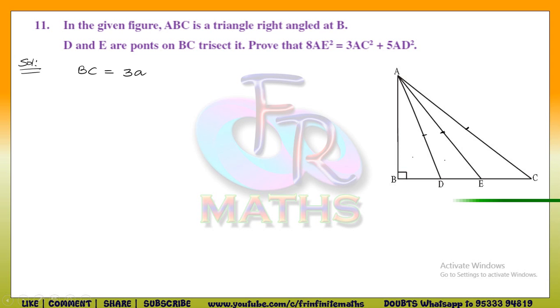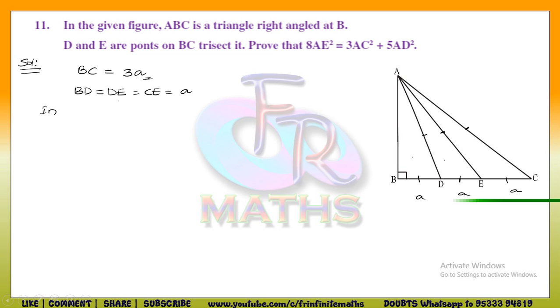Then automatically I can say BD is equal to DE is equal to EC, because these become A and A, and total BC is 3A. That means BD is equal to DE is equal to EC is equal to A, because all these 3 parts are equal. Now moving on with each triangle.